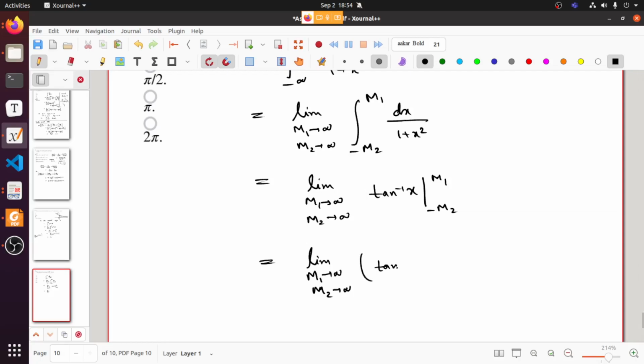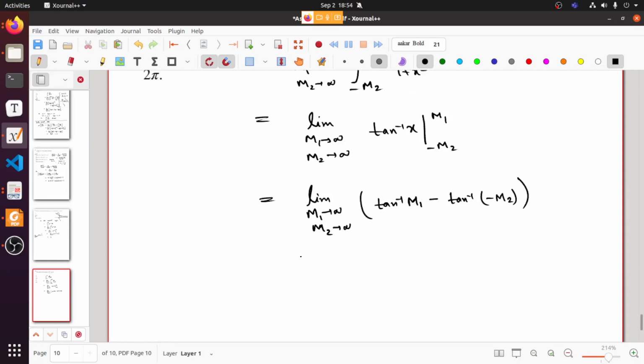It will become tan inverse of m1 minus tan inverse of minus m2. Now the minus comes out of tan inverse, so it becomes limit m1 tends to infinity, m2 tends to infinity, tan inverse m1 plus tan inverse m2.